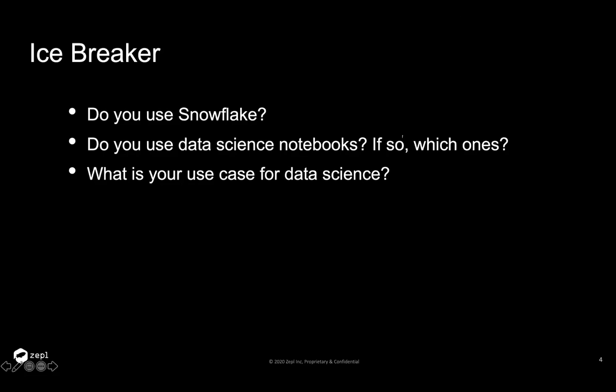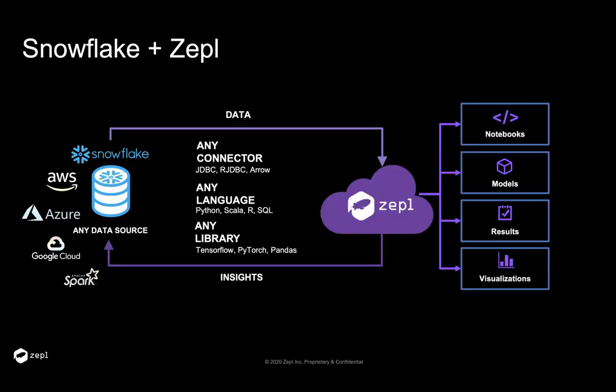Appreciate the feedback there. So just talking at a high level about Zeppo and how we connect into different data sources, namely Snowflake, since that was what we'll be focused on here. But you can largely replace that with any of your other major data sources, whether it's in Amazon or elsewhere. Zeppo is a collaborative data science platform delivered as a SaaS solution.